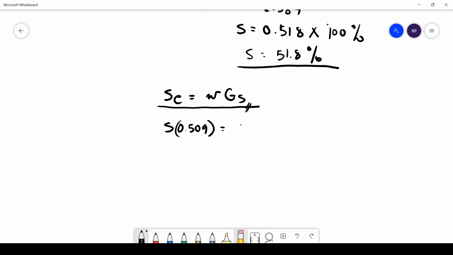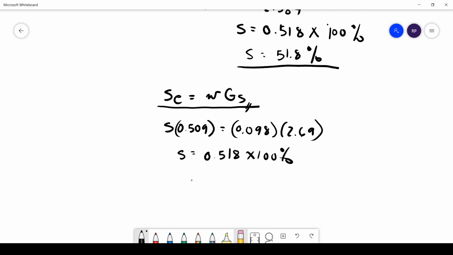Moisture content is 0.098. And then specific gravity is 2.69. So, mas simple ito. Okay. So, we have 0.098 multiplied by 2.69 divided by 0.509. So, you would have almost the same. Yan. 0.518. It's 100%. So, pareho sila. So, 51.8%.